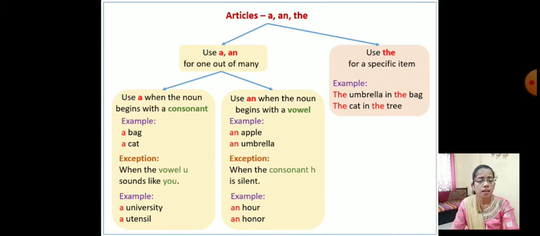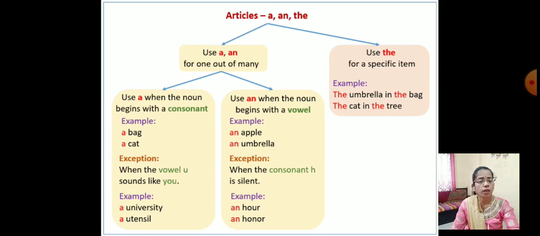See, at last, the articles are a, an and the. Use a and an for one out of many. Use a when the noun begins with a consonant. See, a bag, a cat. Exception: when the vowel U sounds like you, so a university, a utensil.